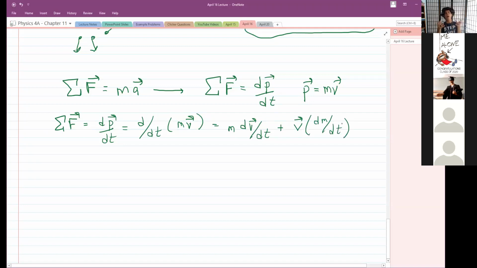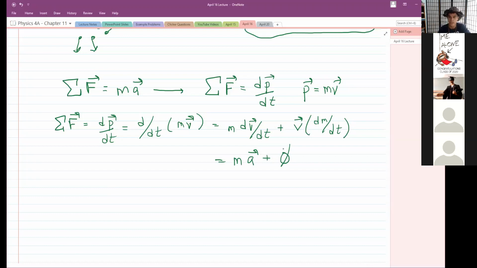This is really how Newton's second law should be. It's just that we have always been considering that an object's mass does not change. So always when we've been doing Newton's second law, we've never been considering an object whose mass changes. And in fact, we're not going to do that in Physics 4A this semester just because it's one of those supplemental topics.